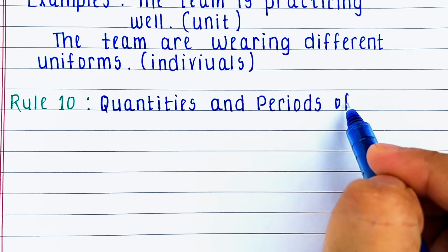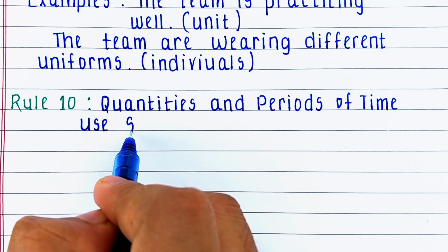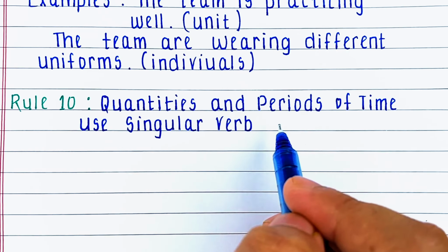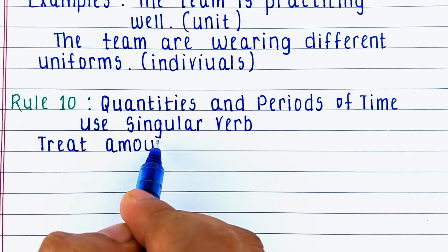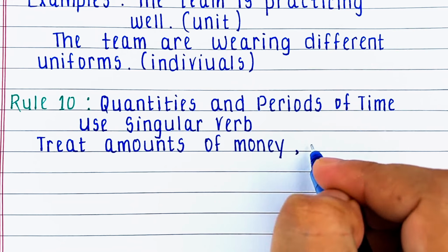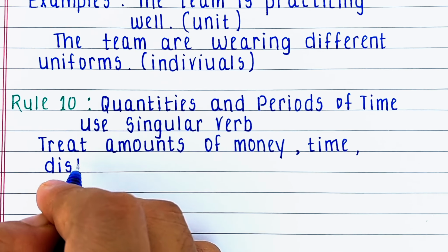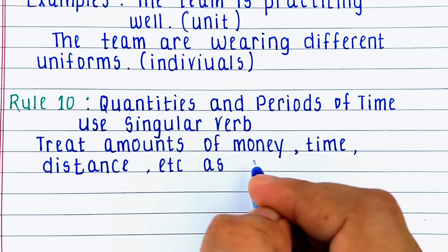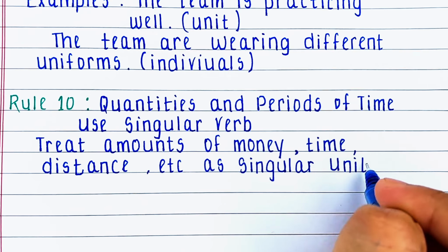Rule number 10. Quantities and periods of time use singular verb. You need to treat amounts of money, time, distance, etc. as singular units.